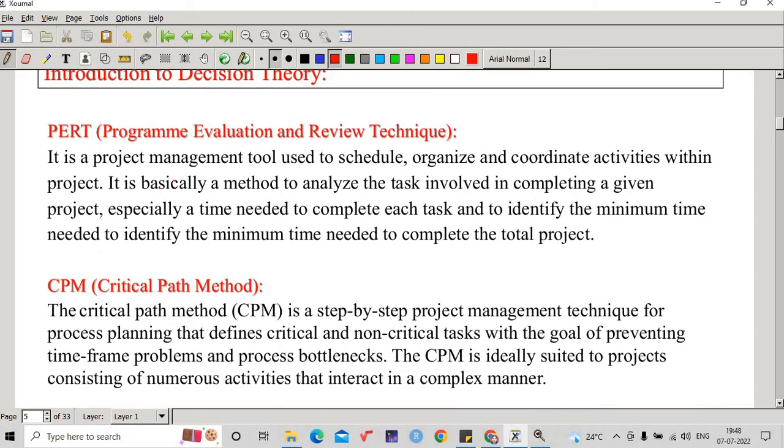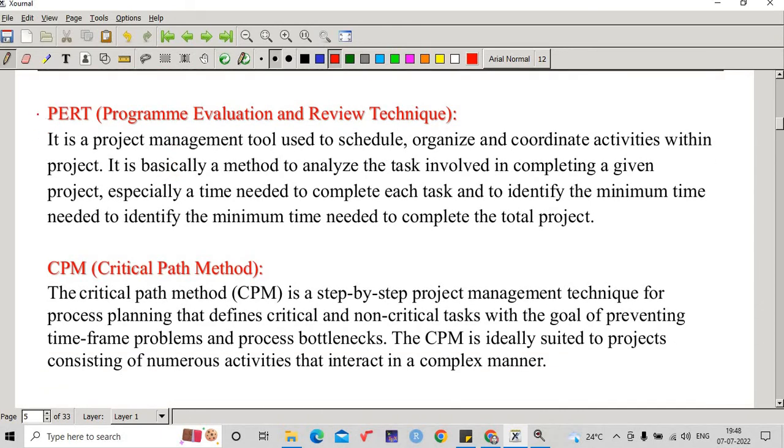So here are two methods as we discussed earlier. First is PERT, program evaluation and review technique. We are trying to evaluate the program and whether certain processes or activities need to be reviewed, which we'll also look at.